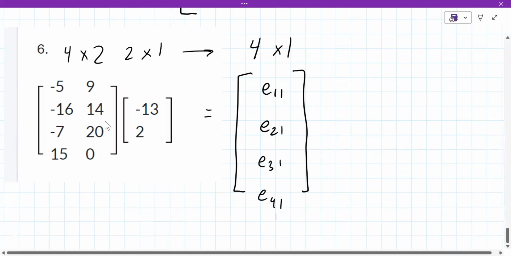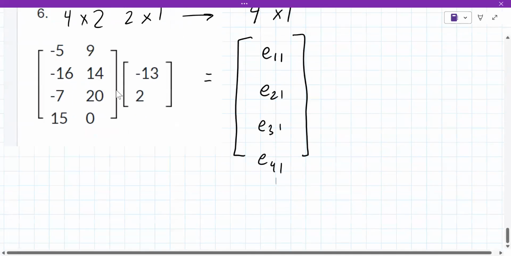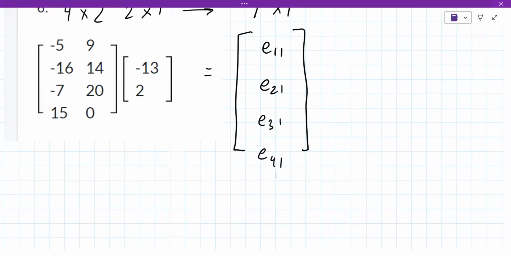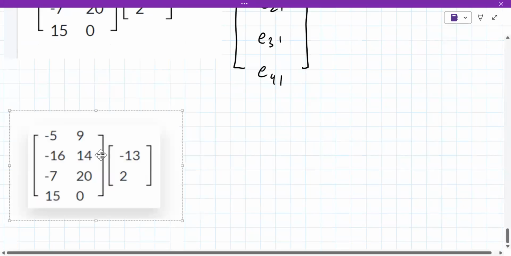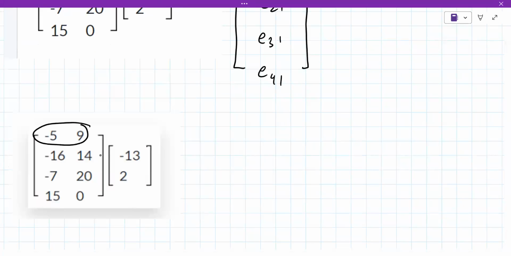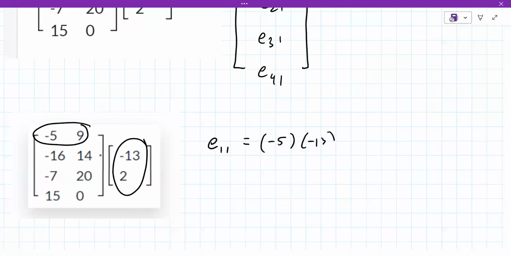I know this looks confusing, but we're going to dial it in here in a moment. So to find E11, that's what we're going to do first here. You take the first row and multiply it by the first column. So E11 is -5 times -13 plus 9 times 2.